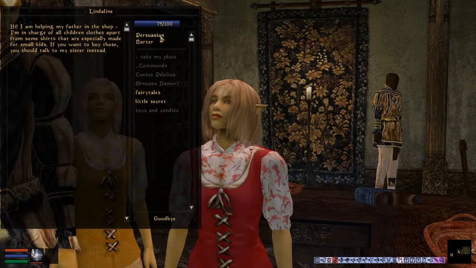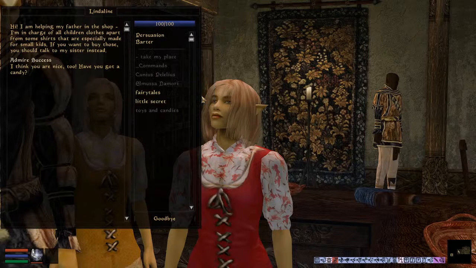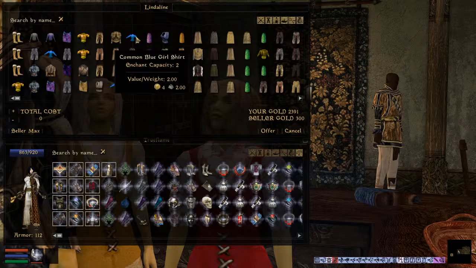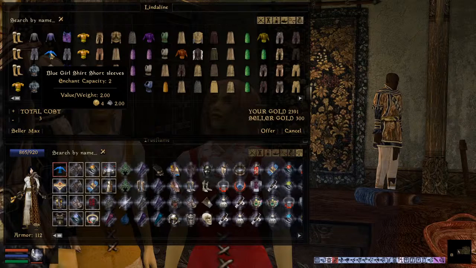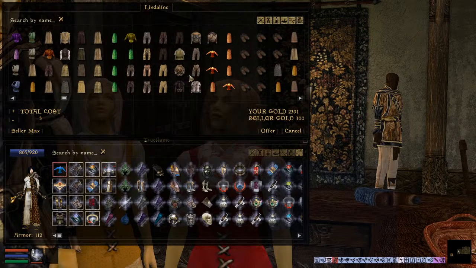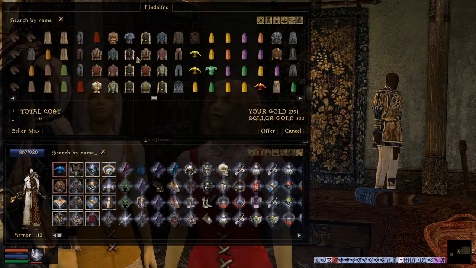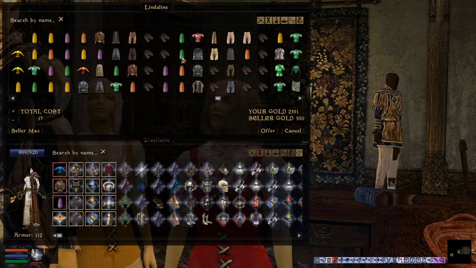Okay, so let's try. And you have plenty of clothes to choose from. I have no idea here, but let's choose some card thing.